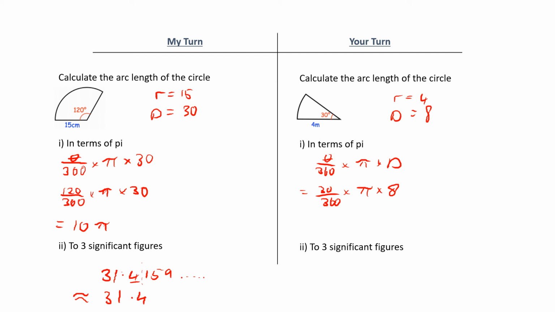In terms of pi, it's 2 over 3 pi, and my units, I forgot my units there, it's centimeters. Again, part 2, press your SD button, and to 3 significant figures you should get 2.09 centimeters.